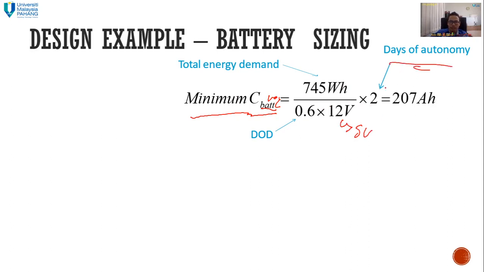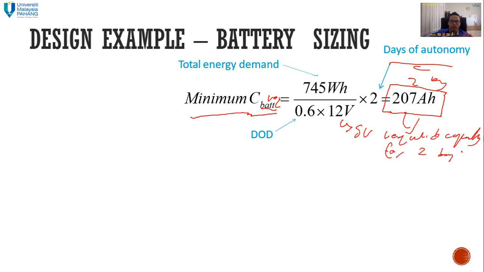Let's say in this case they just put 2 days. That's why you get 207 Ah as the required capacity for 2 days.